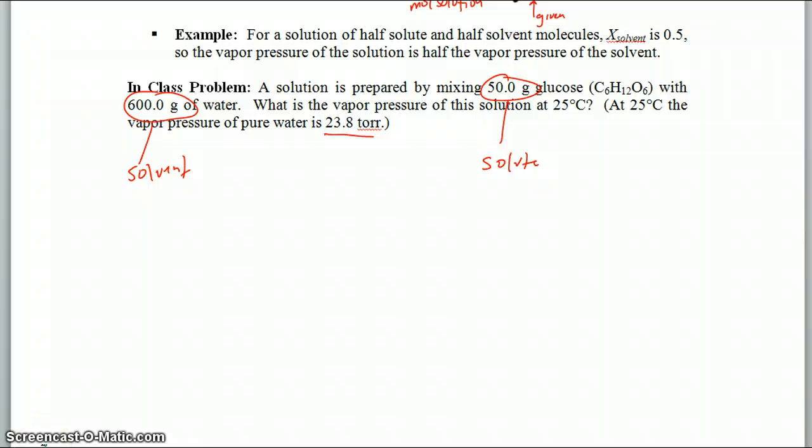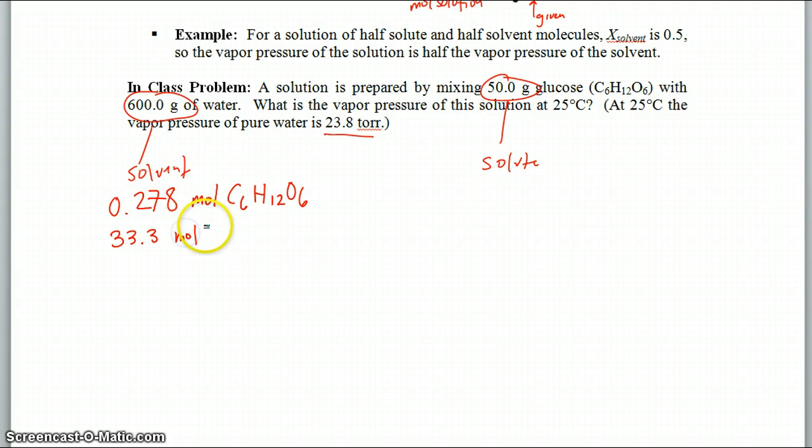So what you probably want to do initially is convert each of the masses that you're given for your solvent and solute into moles. So you should find that you have 0.278 moles of your solute, the C6H12O6, and then you have 33.3 moles of water.